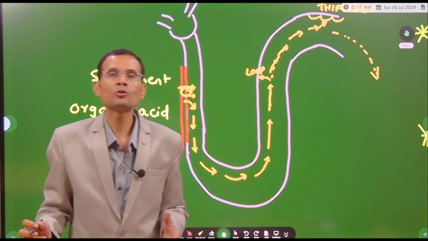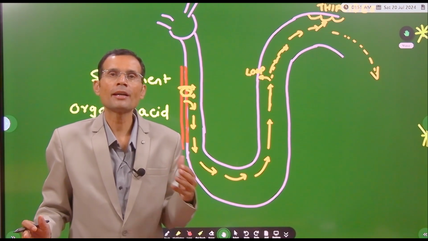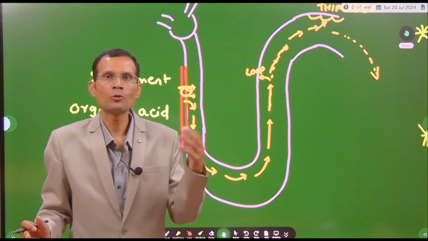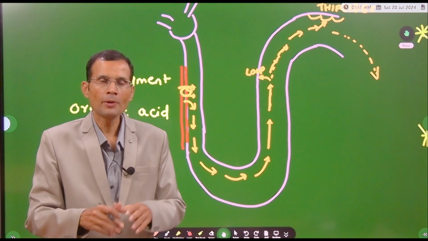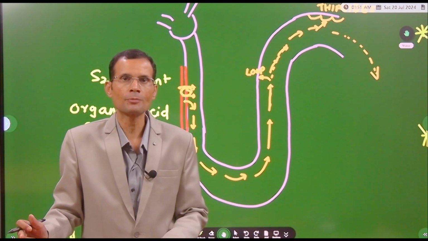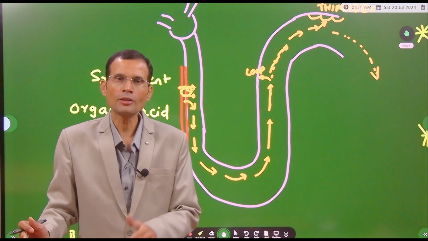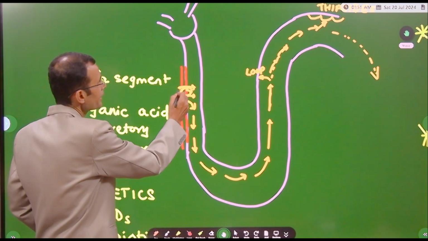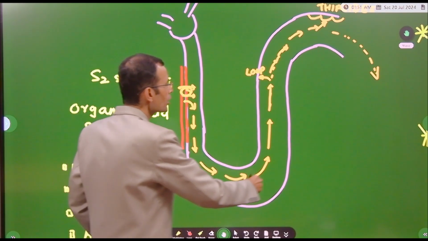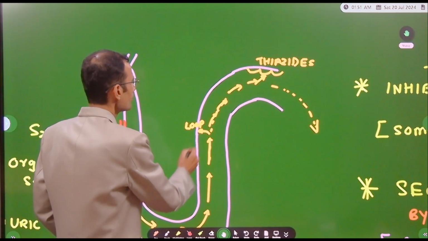I have mentioned this in the loop diuretics also: generally, all other drugs reach the target site by going into the blood, and via blood they are distributed throughout the body and reach the target site of action. These are unique, whether loop diuretic or thiazide diuretic. They are secreted into the tubular fluid, then via tubular fluid they reach their target site of action.